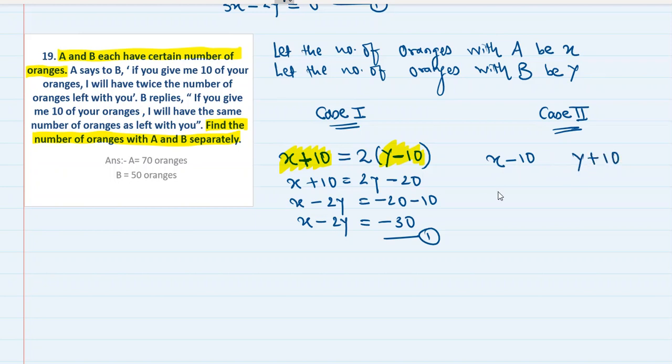The number of oranges with B is increasing by 10. So what is the relation between them? I will have the same number of oranges left with you. Means X minus 10 will become equal to Y plus 10. The number of oranges with each of them when A gives 10 oranges to B will be the same. Okay, let's solve this. So X minus Y is equal to 10 plus 10. So X minus Y is equal to 20. This is equation number 2.